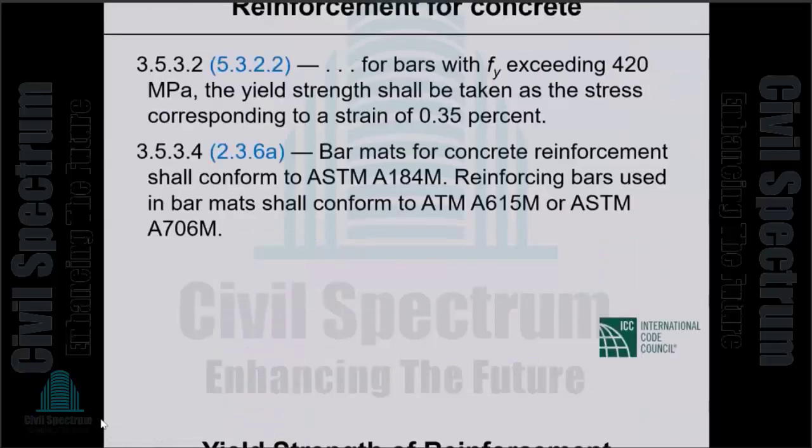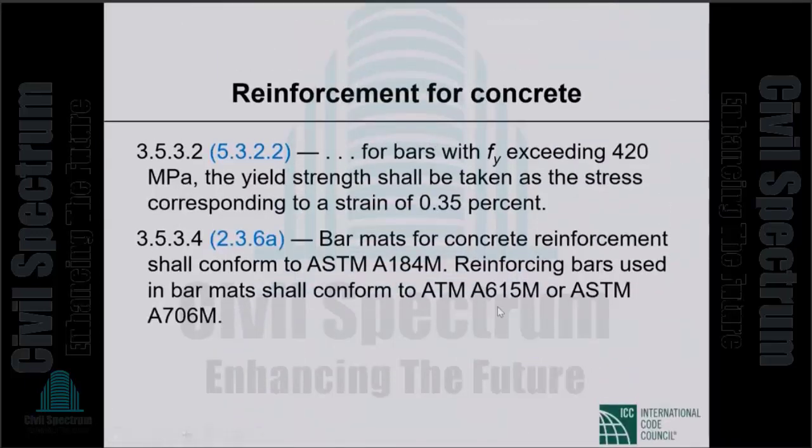So when the yield strength exceeds 60 ksi, the yield strength shall be taken as the stress corresponding to a strain of 0.35%. This change of definition of yield strength becomes important in certain applications, and it may come up in later discussions, but that is not the subject today.